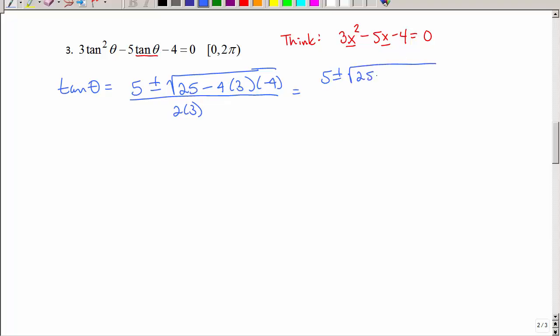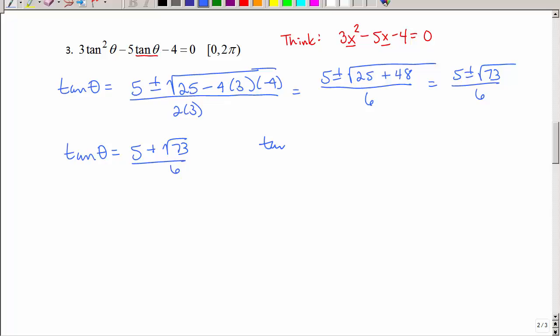So we have 25 plus, I believe that's 48, over 6, 5 plus or minus the square root of 73 over 6. So the tangent of theta is 5 plus the square root of 73 over 6, and the tangent of theta is 5 minus the square root of 73 over 6.